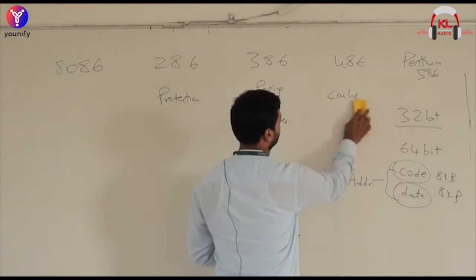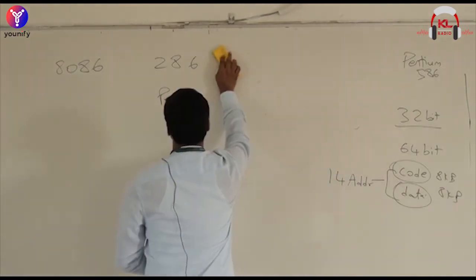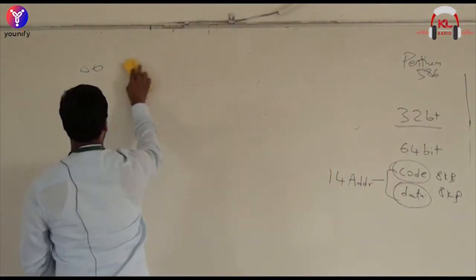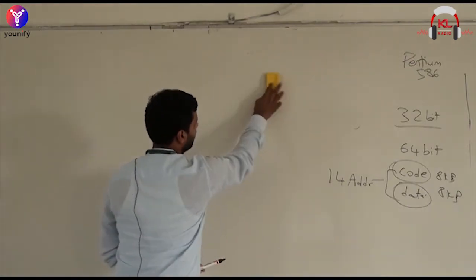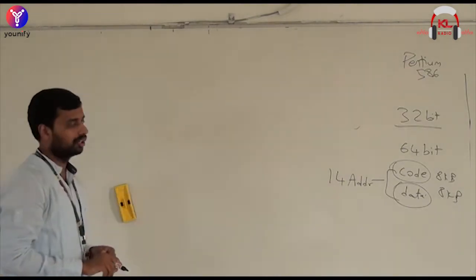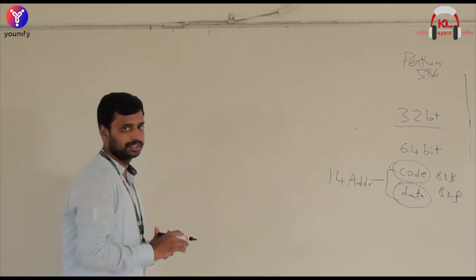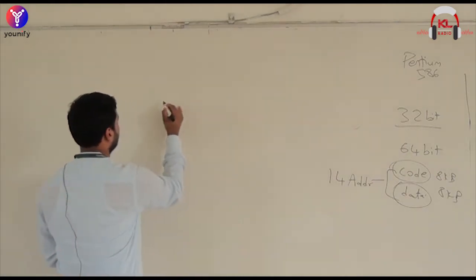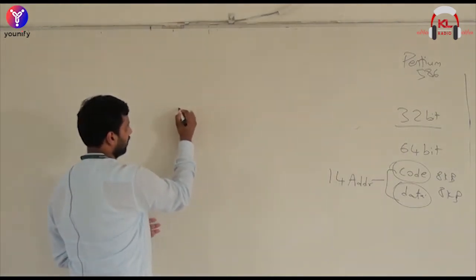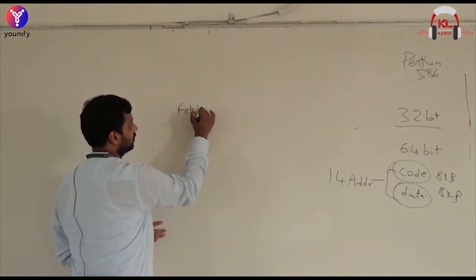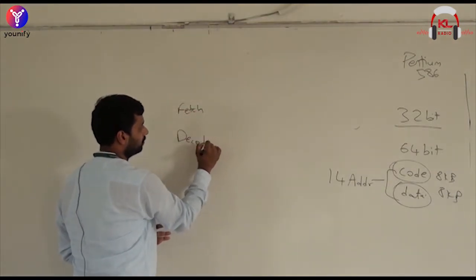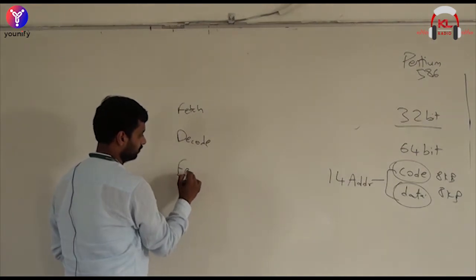So that is a new feature in the Pentium, and so is the architectural diagram of Pentium, which is pretty important, and it follows something called superscalar architecture. Ideally we have a pipeline. So pipeline is about fetch, decode and execute.